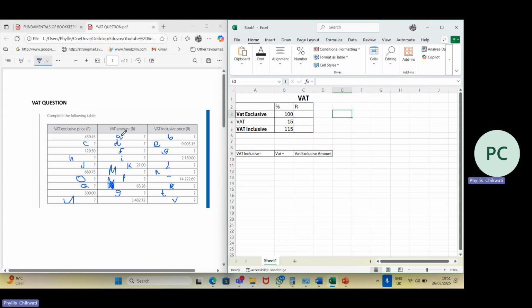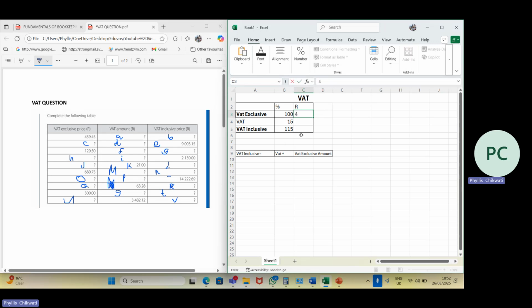So let's start by solving A. I have also named the missing figures A, B, C, D, E. We're going to start with A. With part A, we are given the VAT exclusive amount. Using the formula, I'm going to plug in the amounts that I have.